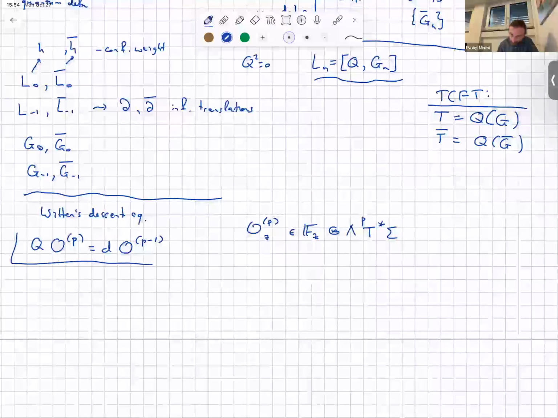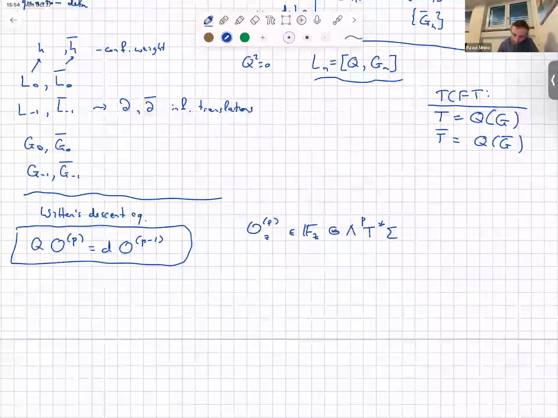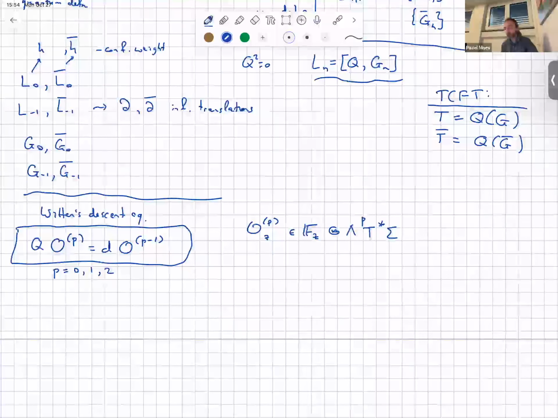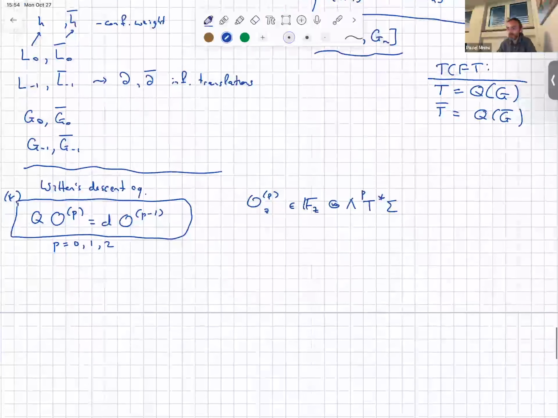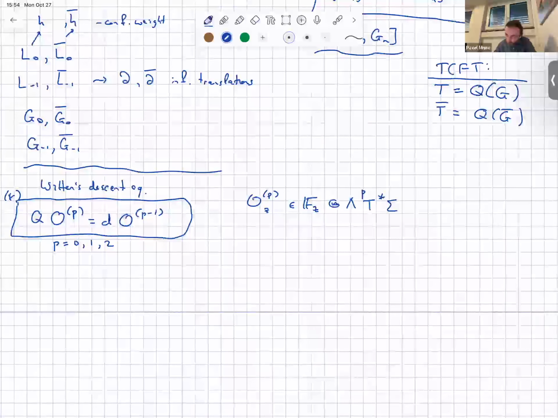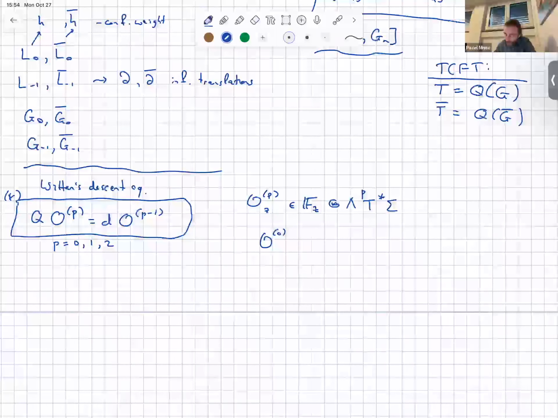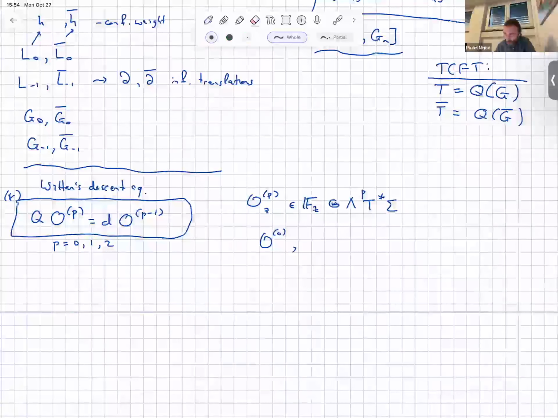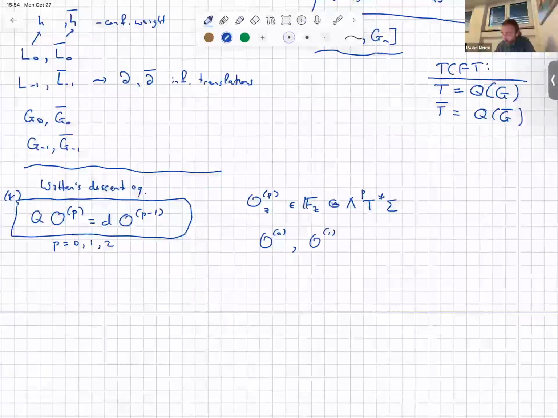One can study this equation in different theories which have a BRST differential, but here let's study it in our theory. So p goes from 0 up to the dimension of the manifold. Let's call this equation star. One is interested in constructing such hierarchies of observables: a 0-form observable, a 1-form-valued observable, a 2-form-valued observable, linked by this equation.